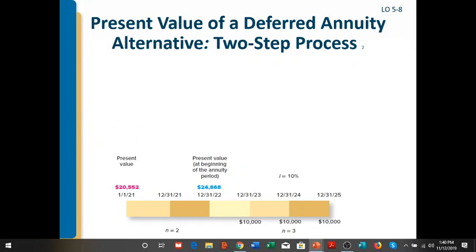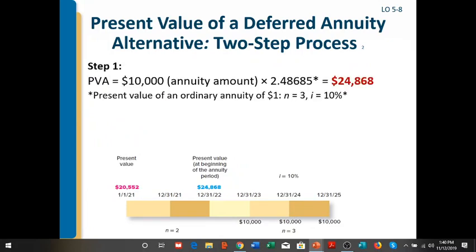So here the present value of the annuity, if you go to table 4, period 3 is 2.48685 at the beginning of the payment period.